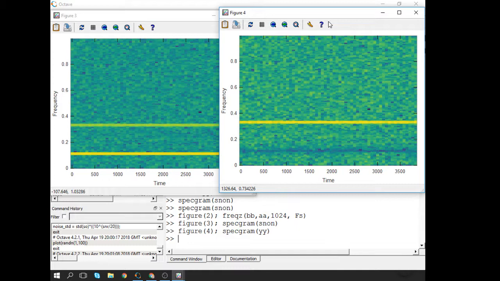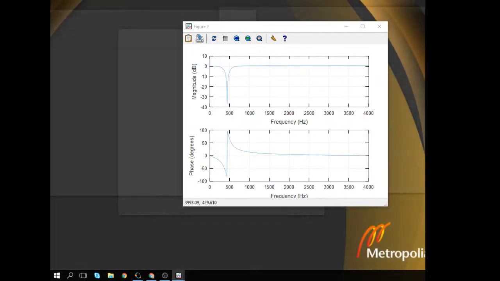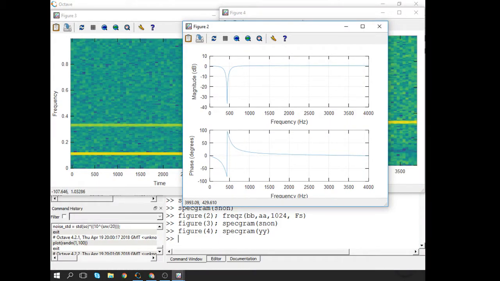Okay. Small warning. How about if our 440 hertz wasn't 440, but 442? Let me go and take a closer look at my filters.